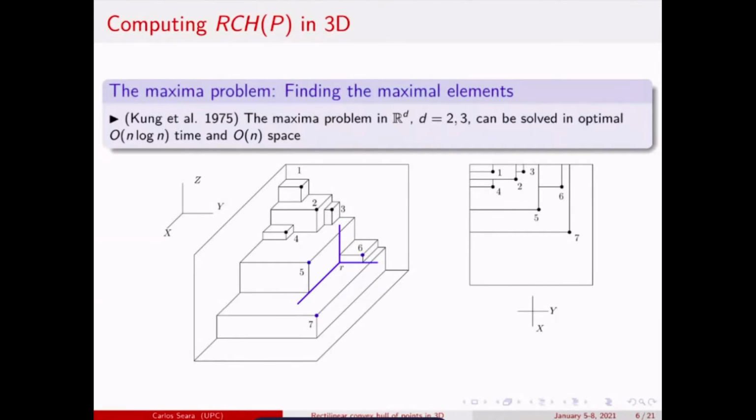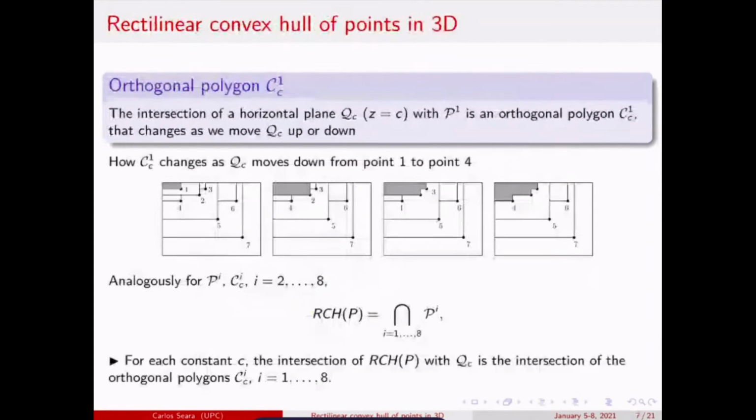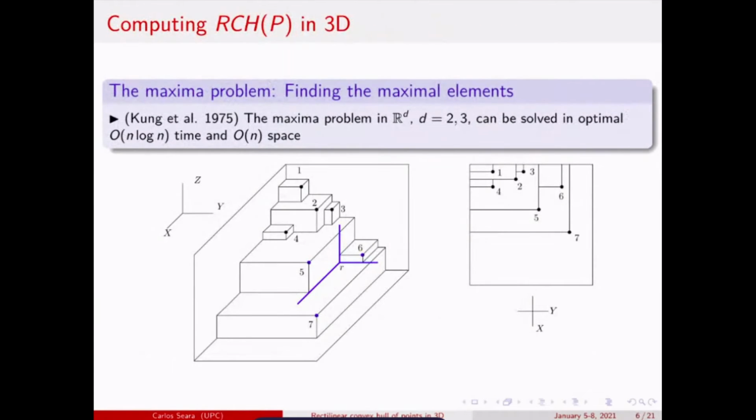And then instead of the log n, you have a log to the d minus 2 factor. Sorting points by decreasing z coordinate, you first compute the maximal points and then you can proceed to get this map.